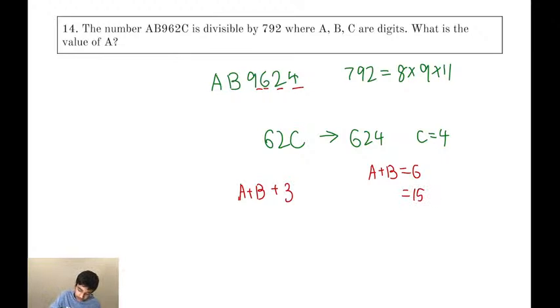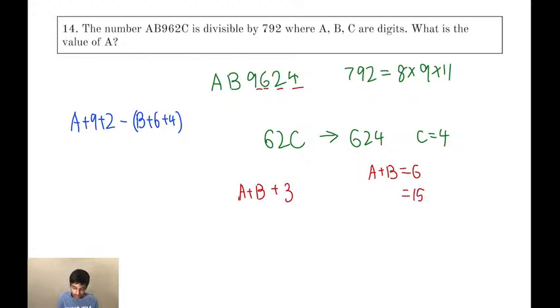But then we look at the divisibility by 11 condition. We see that A plus 9 plus 2, minus B plus 6 plus 4, has to be a multiple of 11.